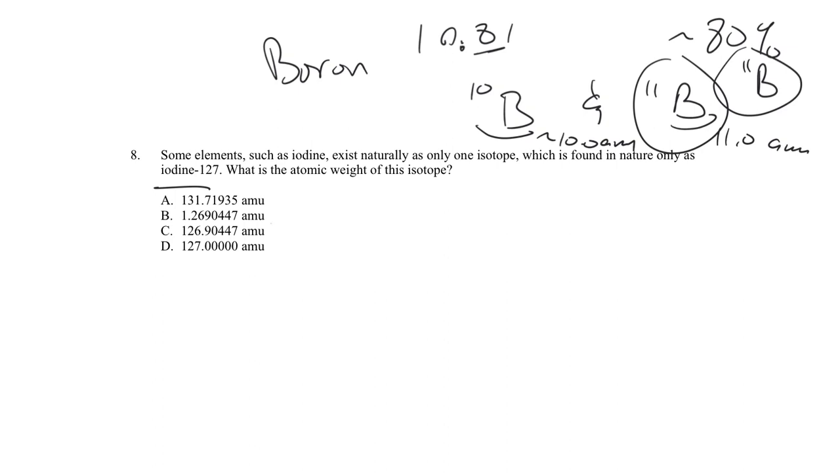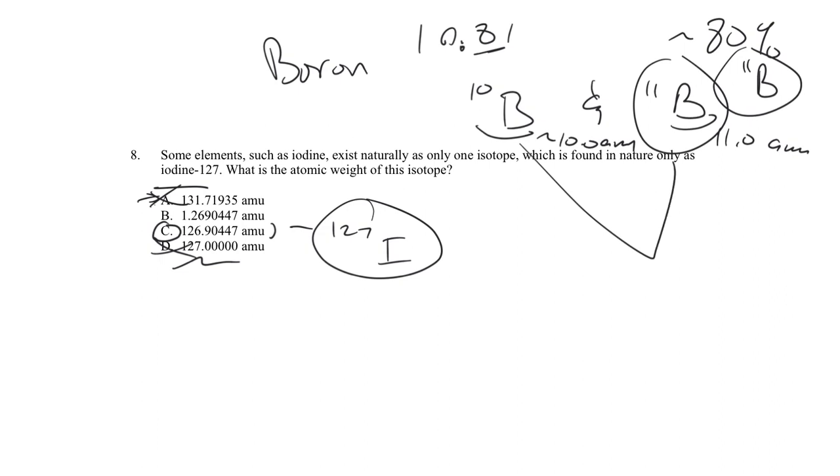I think some other periodic tables might go a little bit more precise, but this would be the average atomic weight of iodine 127. So you'd have to know that that's the only isotope iodine exists as, and then we can go to the periodic table and get that atomic weight. Now it's not exactly 127, so that's why it's not D. And then I think A is the answer you might get if you just add up all the subatomic particle counts. We can't just add up the subatomic particle counts to get that number.